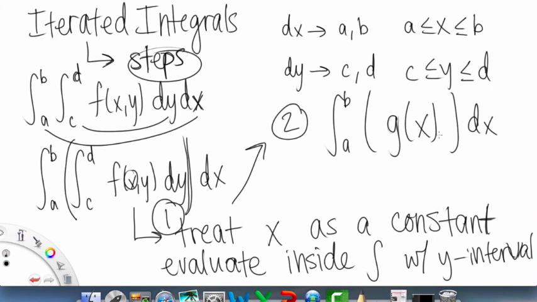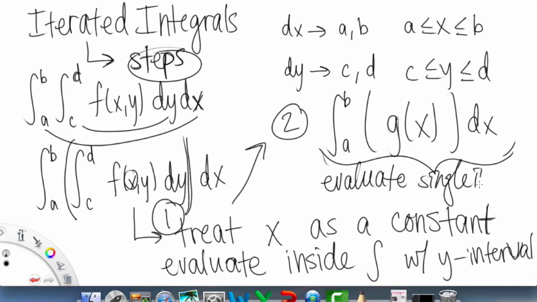So then you'll be left with some function of x alone. That transforms into this, and this is just a single variable integral, like we've seen in high school calculus. Then you just evaluate the single integral left over. As I said, we can start an example on the next slide.